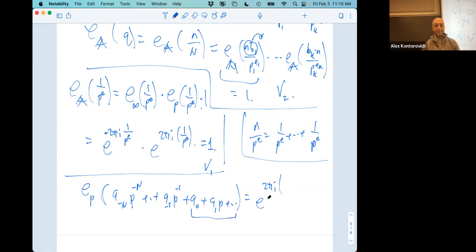So when you take a generic number and do this for all primes, you just take its expansion.